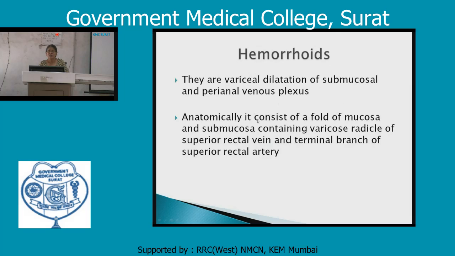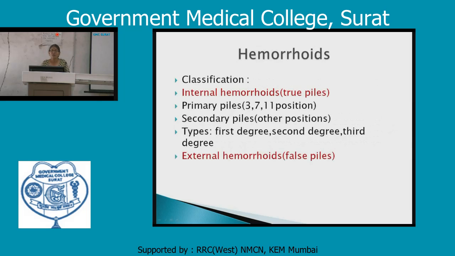Anatomically, the hemorrhoids consist of a fold of mucosa and submucosa containing varicose radicles of the superior rectal vein and terminal branches of the superior rectal artery. These are present in each hemorrhoid, with a covering of mucosa and submucosa, dilated veins and accompanying arterial radicles.